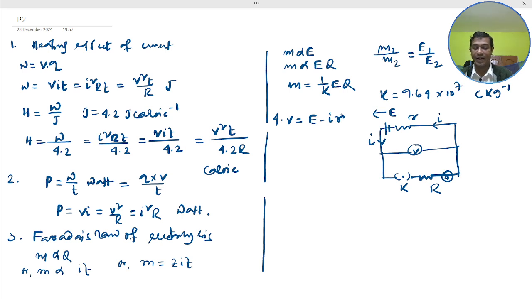If current is supplied from some other source to the cell, it is written as V = E + Ir.